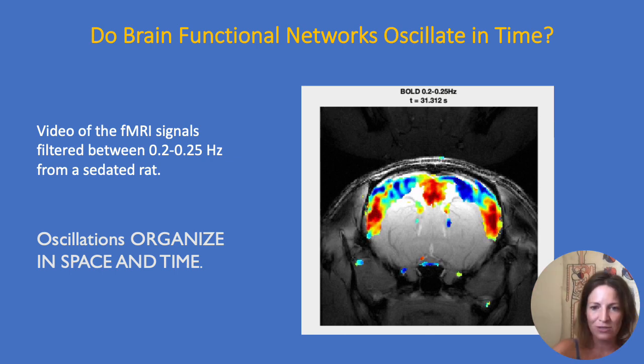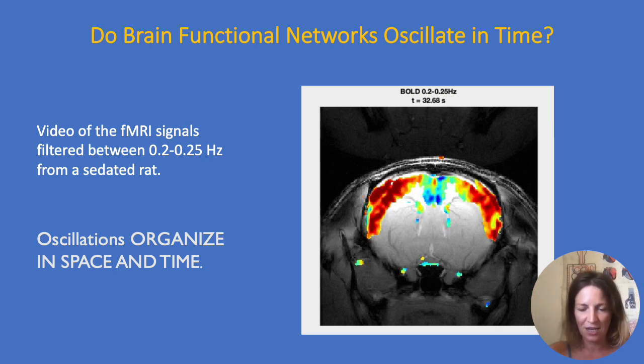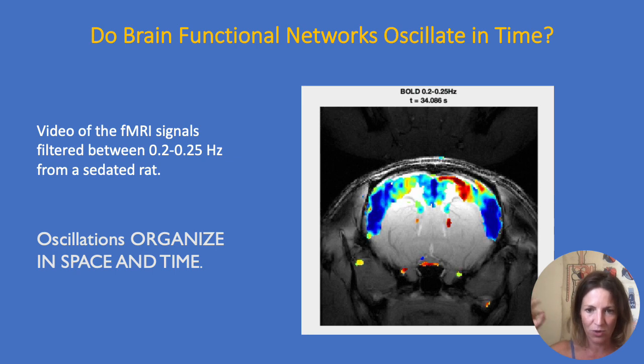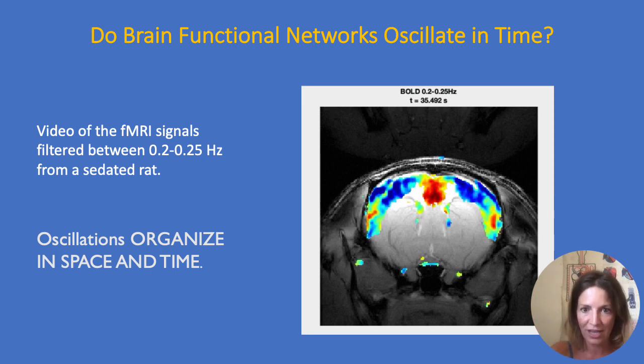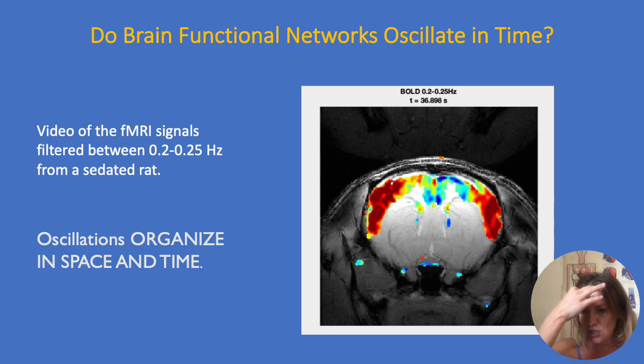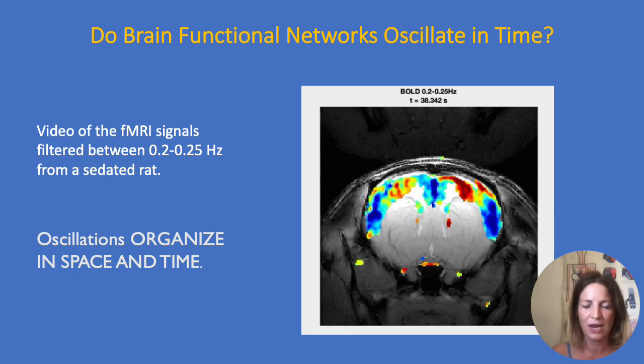We find that these oscillations can be correlated across distant areas of the brain. Here, the contralateral areas exhibit high correlations, also with the middle part of the brain.